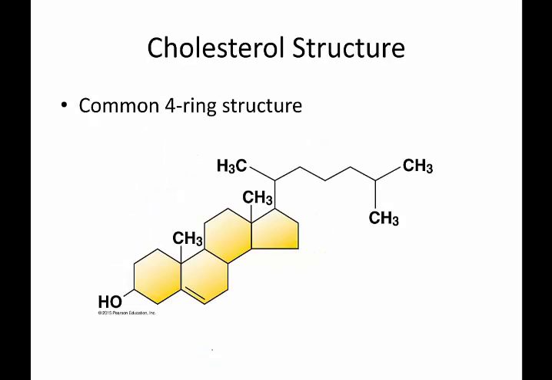Lastly, our third and final major group of lipids are cholesterols, or as your book refers to them, steroids. So they have a common four-ring structure. I like to refer to this as sort of the Tetris shape you see.